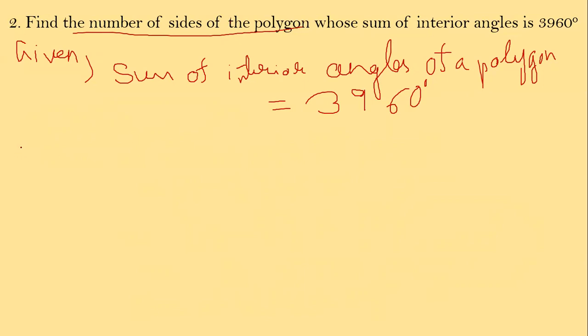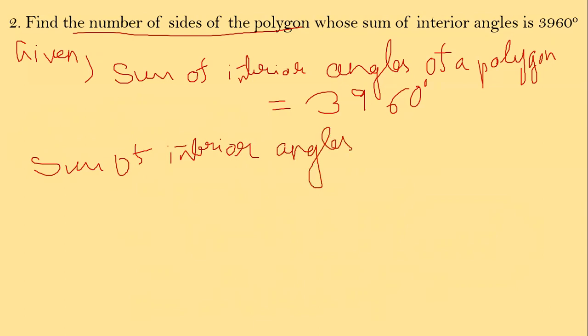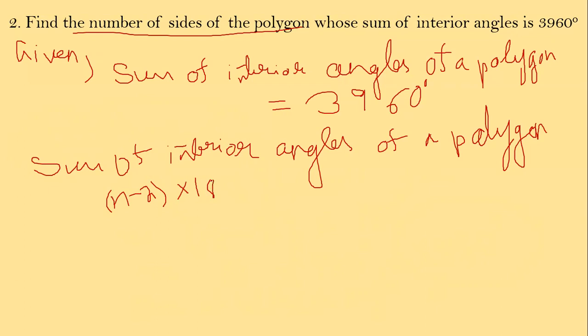What formula do we know? The sum of interior angles of a polygon is n minus 2 into 180 degrees, as we just discussed in the previous sum.